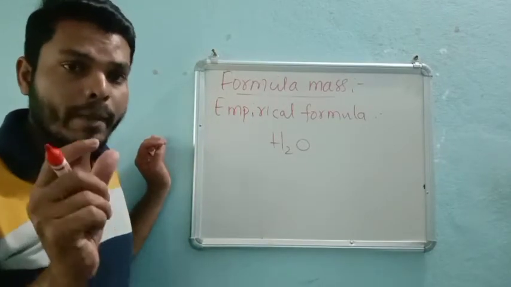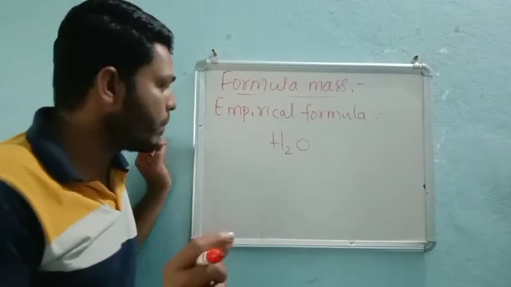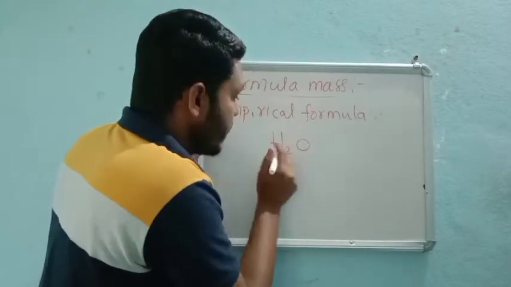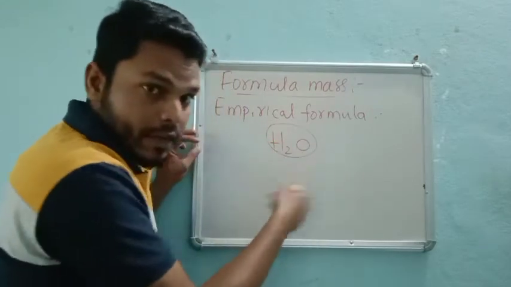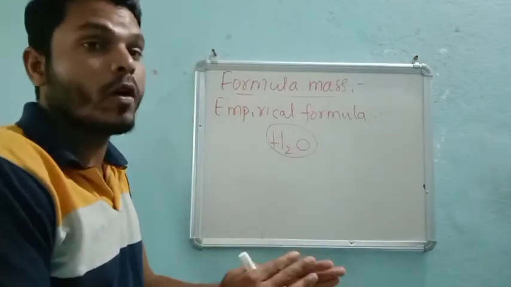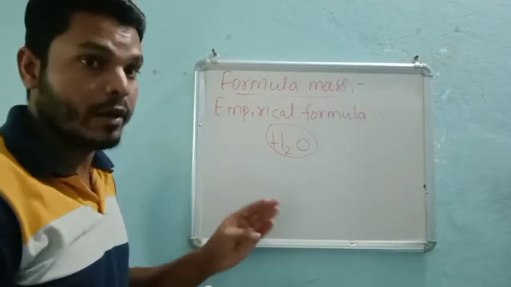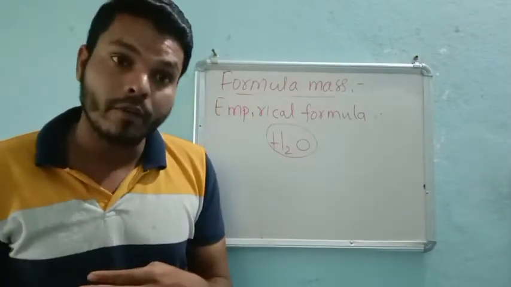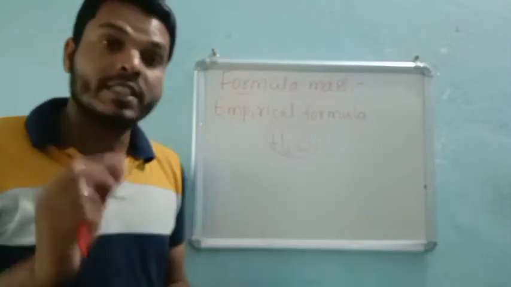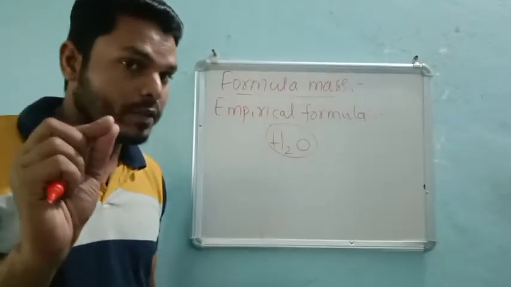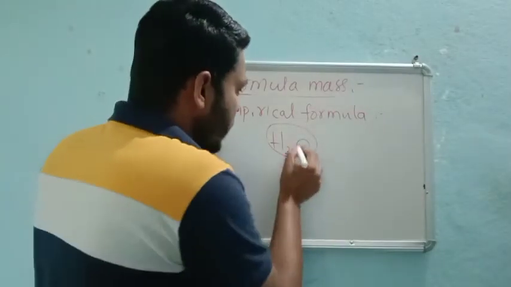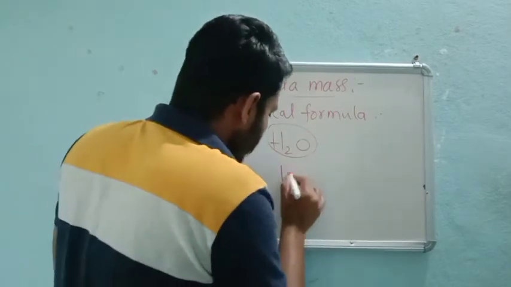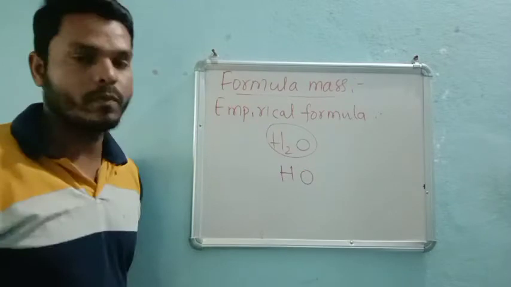Empirical means just the different elements present in it. This is the complete molecular formula. That means the total number of elements present in the given molecule is the molecular formula. But the empirical formula is just the different elements, not the numbers. That means how many different elements are there? 2. That means what is its empirical formula? HO.